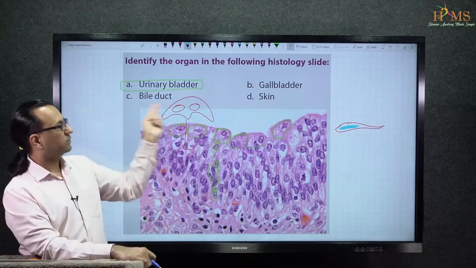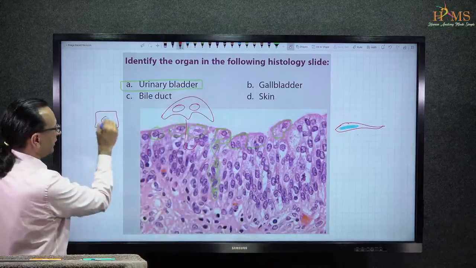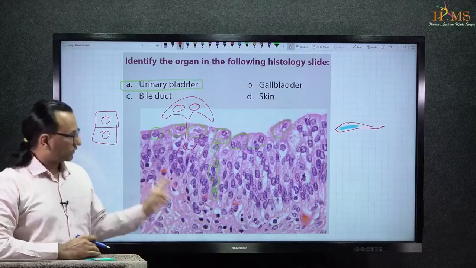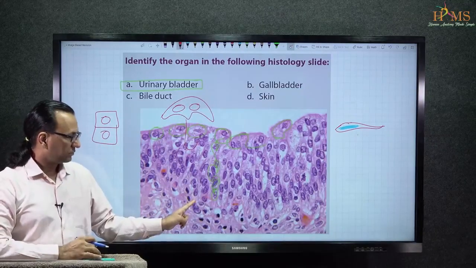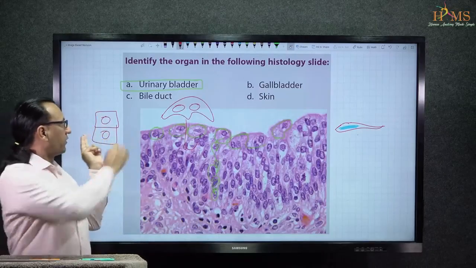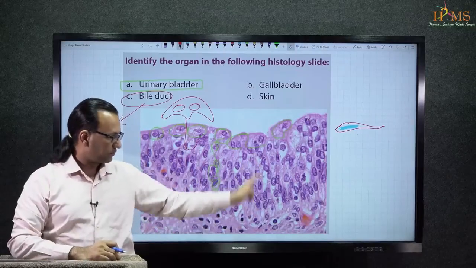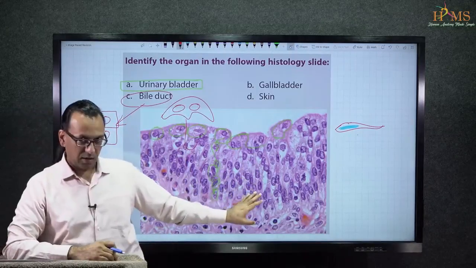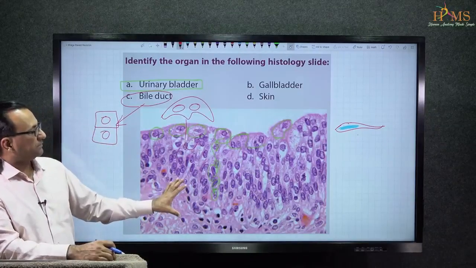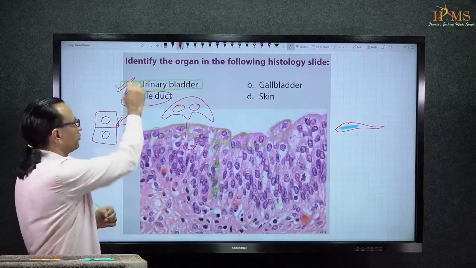It cannot be bile duct, because bile duct would be a cuboidal epithelium, which could be stratified cuboidal epithelium, but 2 layers at the max, and cannot be this many layers. Moreover, cuboidal epithelium will have central spherical nuclei, not the oval nuclei. So the only possible answer is transitional epithelium, which is the urinary bladder. We keep our answer as choice number A here.